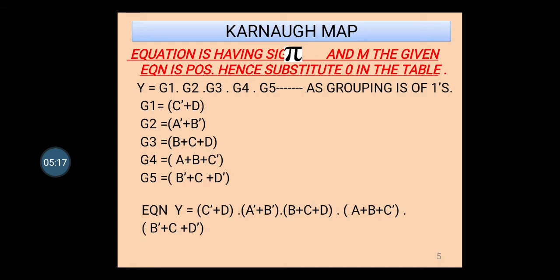And when you are writing the variables, you have to use the plus sign. So your C bar is constant and D is constant, so C bar plus D. This is how you write it in brackets. Remember, you always have to write it in brackets. So all the equations I have written, and then combine those equations using dots, and this is your POS equation.